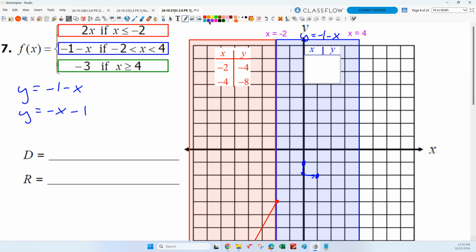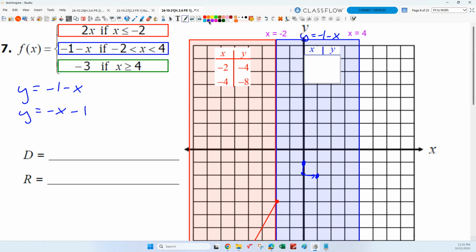What would probably be the 2 best points I could pick to create the blue linear portion of my piecewise function? Keeping in mind, I really kind of want to know where the blue piece starts and where it stops. So what x values would probably be the most convenient ones to use? -2 would be a good one. So if I plug -2 into the blue piece of the function, I'm going to get -1 minus -2.